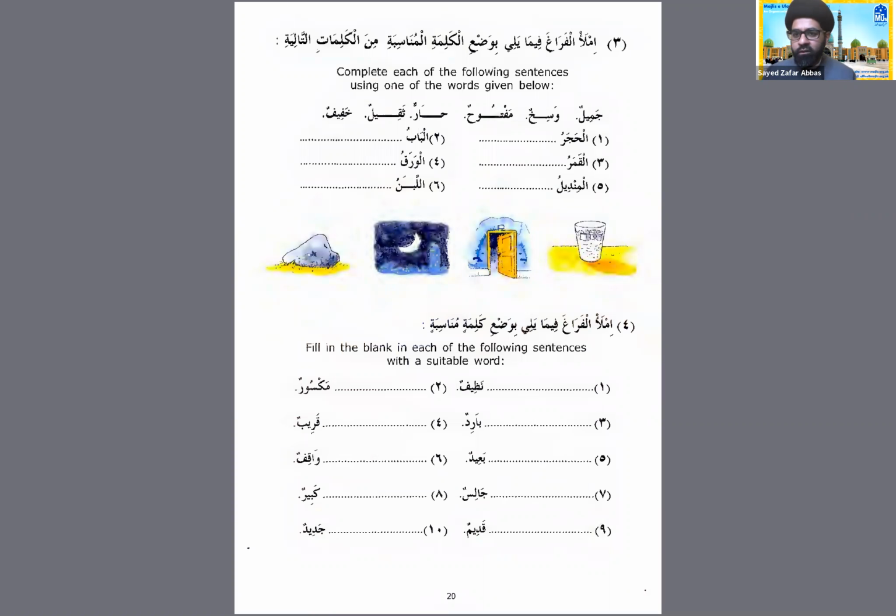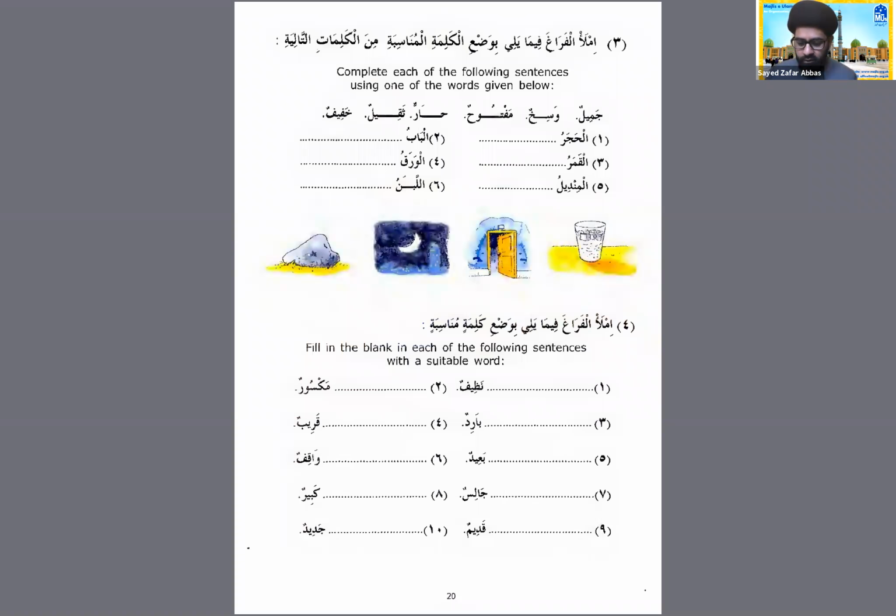So what I'll do is I will go through those words, inshallah, and show how we're expecting you to make the sentences. Okay. So in the previous example, we had al-mindilu nadif. And the top one we had al-mindilu wasikh. The handkerchief is dirty. So here we can have al-mindilu nadif. The handkerchief is clean.